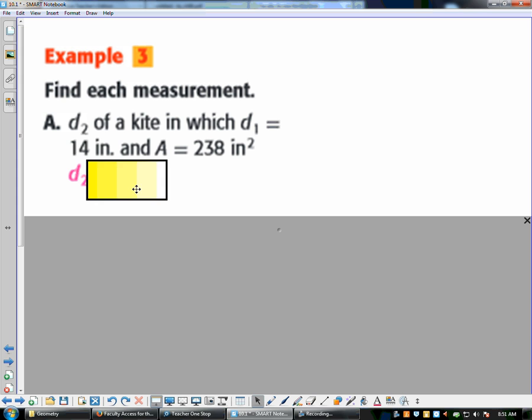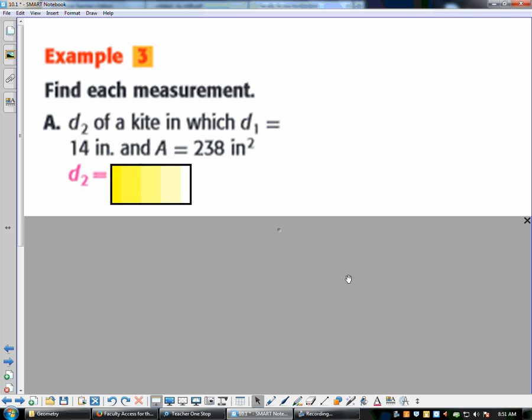All right, so let's try this example. Find each measurement. You want to find D2, which is one of the diagonals of a kite, in which D1 is equal to 14 inches, and the area is 238 square inches.